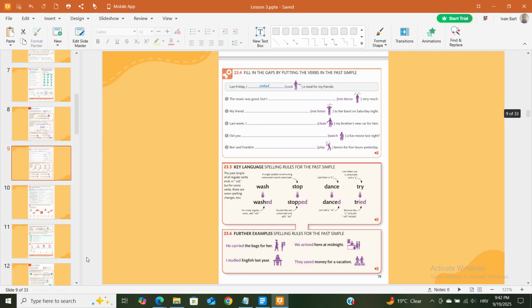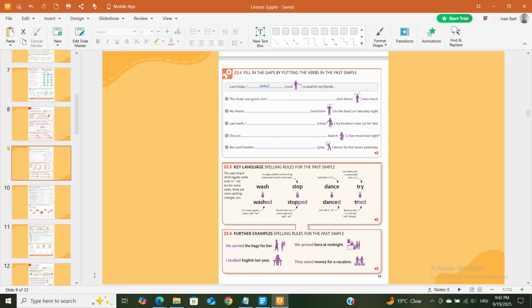23.4 Fill in the gaps by putting the verbs in the past simple. Last Friday, I cooked (cook) a meal for my friends. The music was good, but I (not dance) very much. My friend (not listen) to the band on Saturday night.